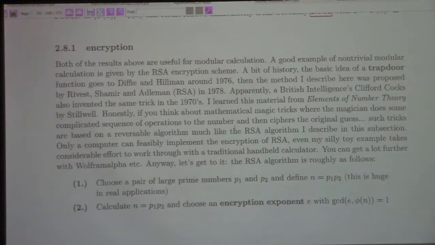Because it seems like magic that you can just send data and also the key for how to encrypt the data, and yet it's secure. That seems very weird, right? The more classical notion of encryption is you send some coded message, but then you send the coded key also through some other method, like secretly.